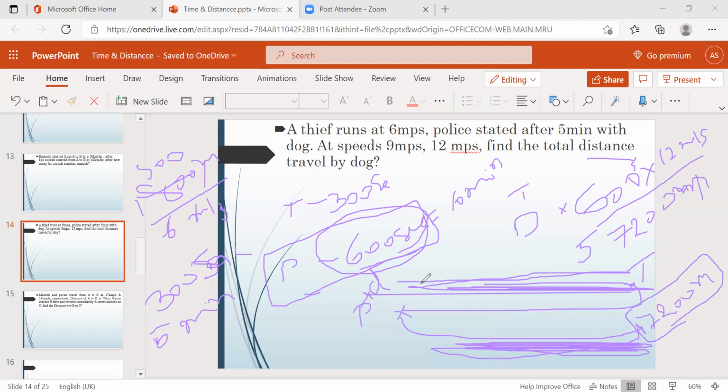So dog runs in between thief and police, like this. There's a reason.